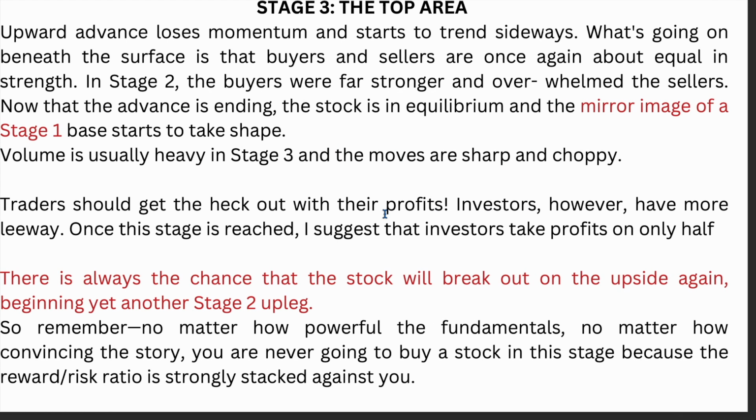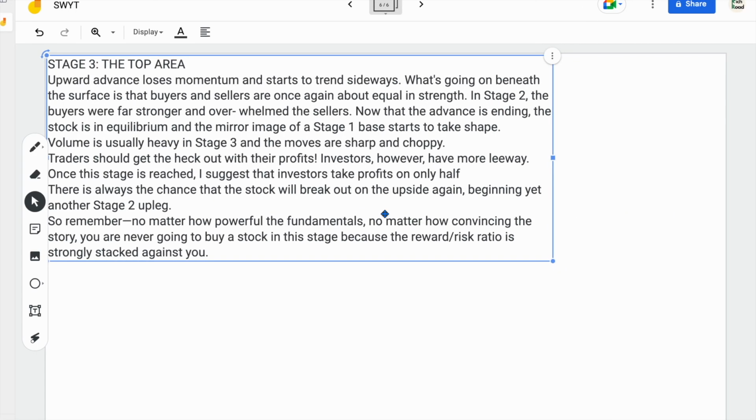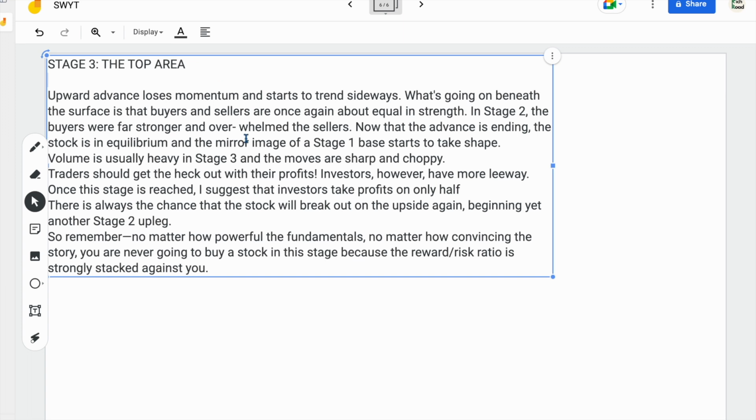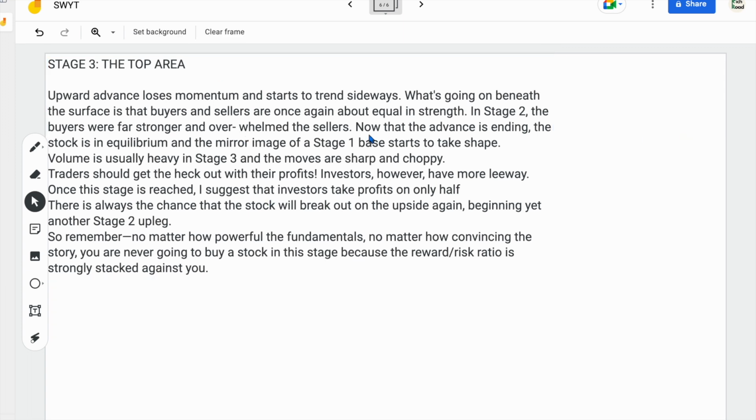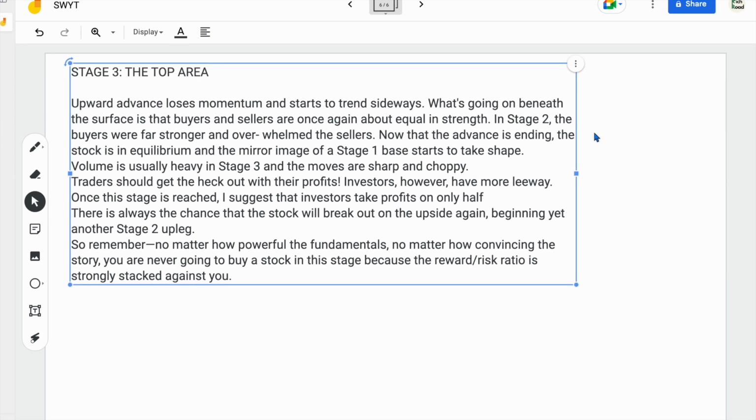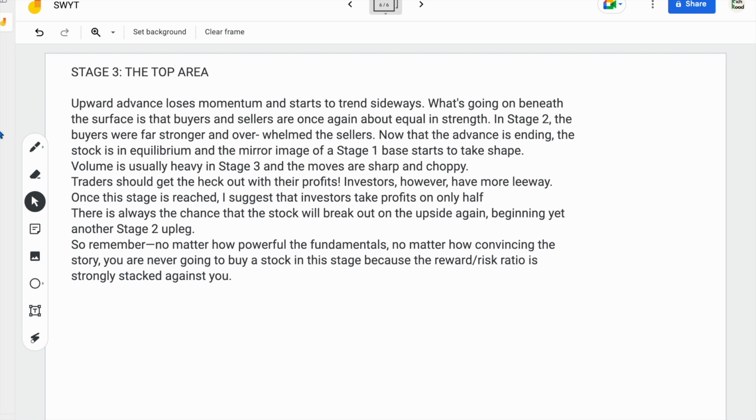So yes, this is the data we have about the selling area or the top area. Interesting. Your focus should be here. See what he talked about. Upward advance loses momentum. Sideways. Now buyers and sellers are once again equal in strength.